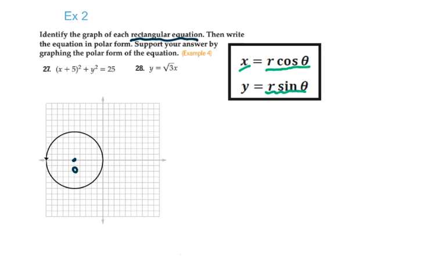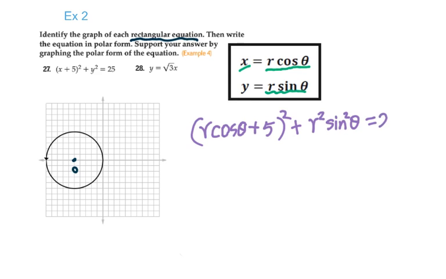Therefore, we do r cosine theta plus 5 squared plus r squared sine squared theta equals 25. So we expand this binomial square.